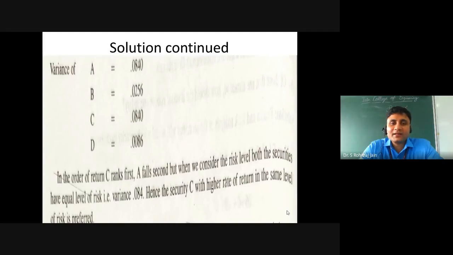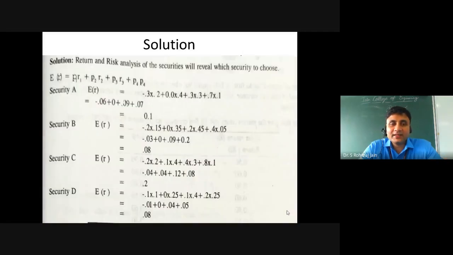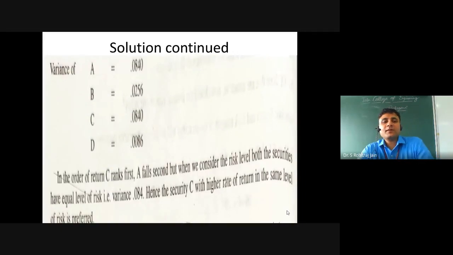Hence, security C with a higher rate of return at the same level of risk is preferred, because A and C have the same variance. The risk level is the same for both A and C, but the return of security C is higher compared to the return of security A. So, for the purpose of investment, I will consider security C, because the return is high compared to other securities.